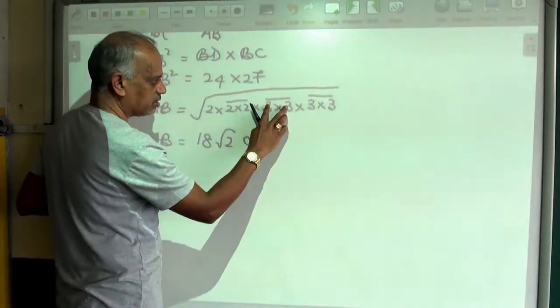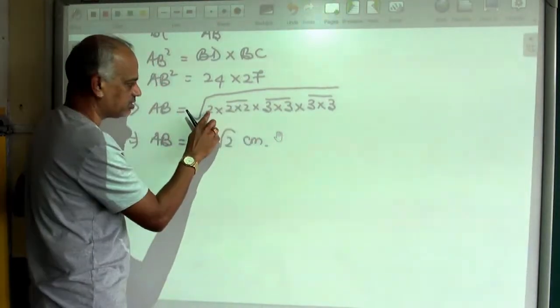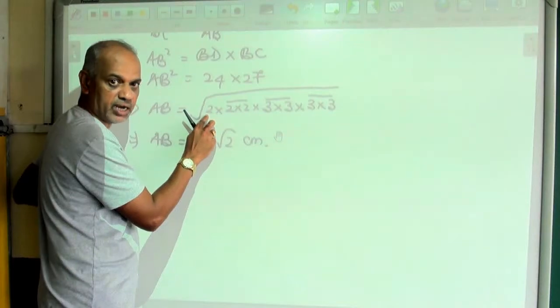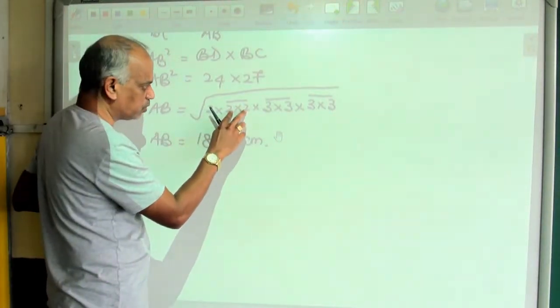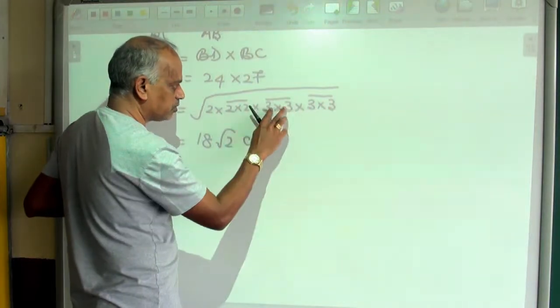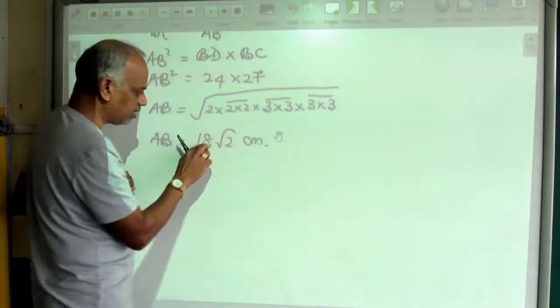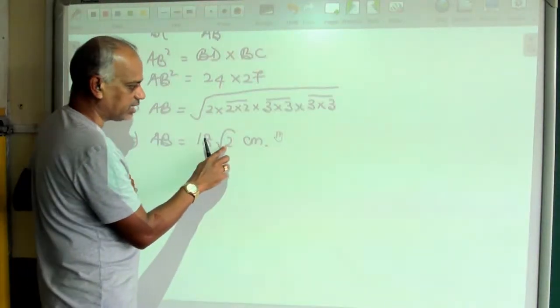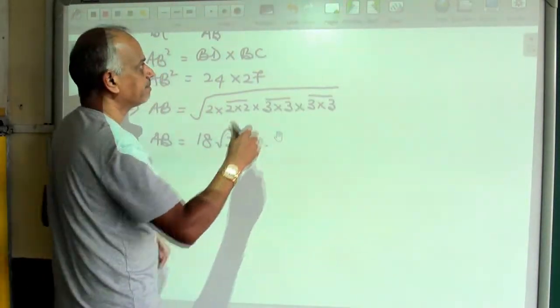These 3s are together, these 2s are together, this is single. So even after taking square root, this will still remain under the root. So this will become 2, this will become 3, this will become 3 after finding square root. 3 into 3 is 9, 2s are 18, and this remains under the root. So AB's value is 18 root 2 centimeter.